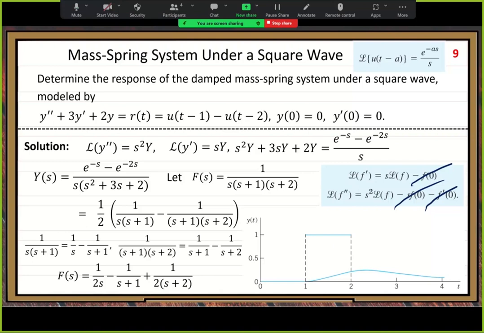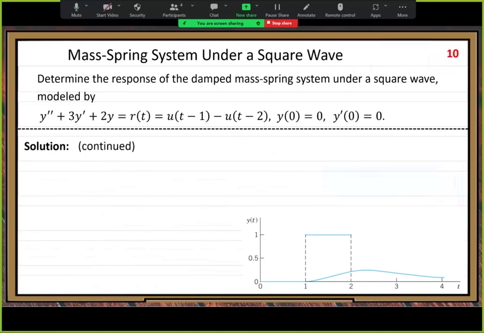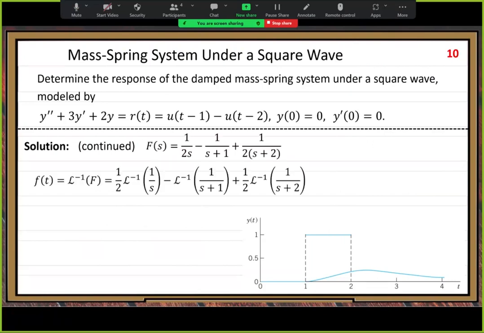Then we invert each one; the denominator s has a shift. Here I use a new slide to show you. We want to calculate the inverse Laplace transform. We need the inverse Laplace transform of 1 over s. We have a basic formula, formula 1: the inverse of 1 over s is 1.